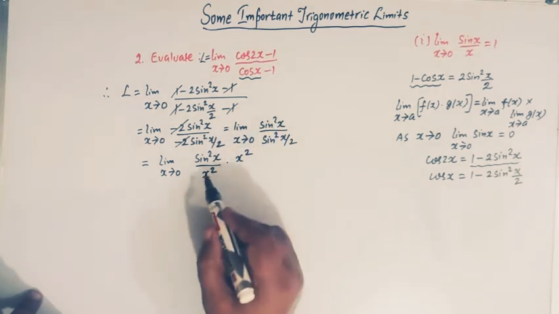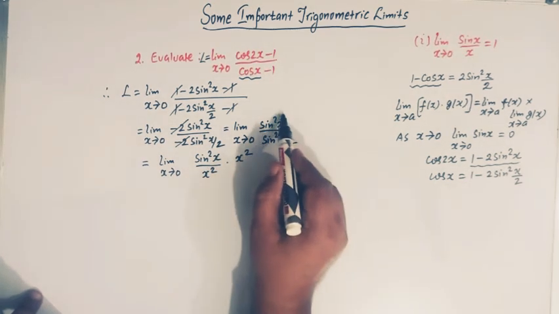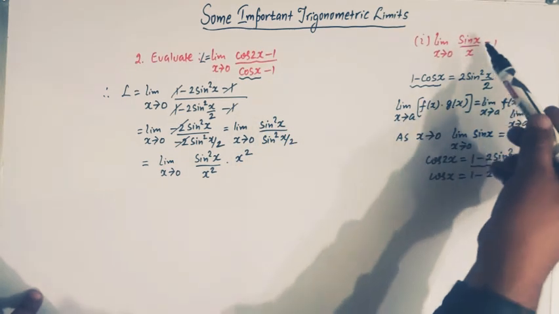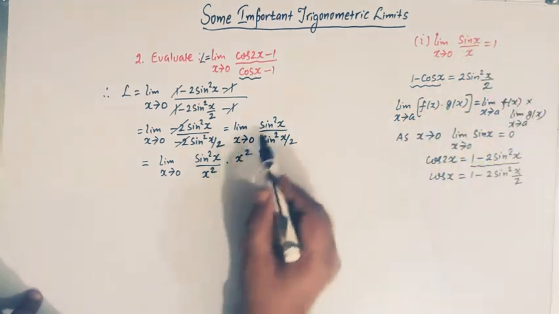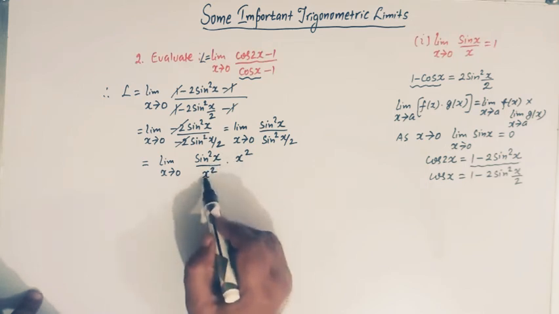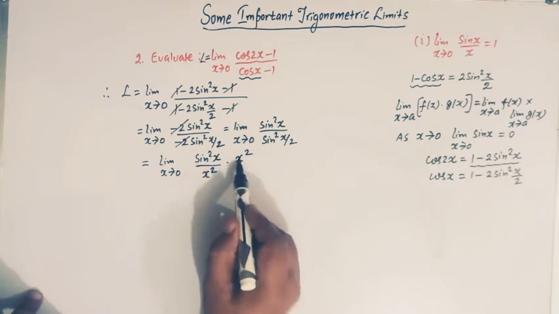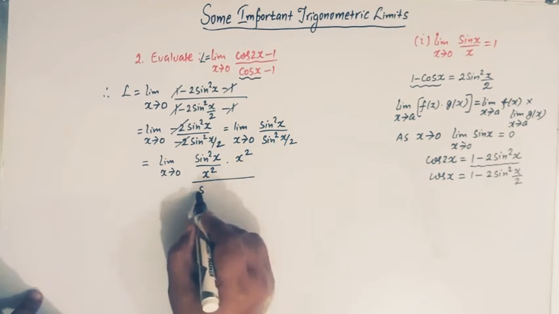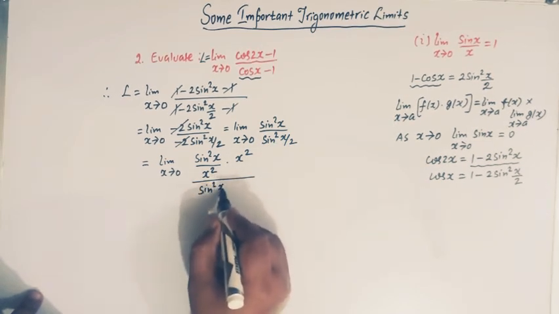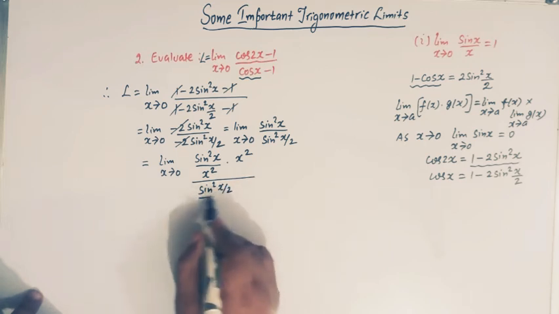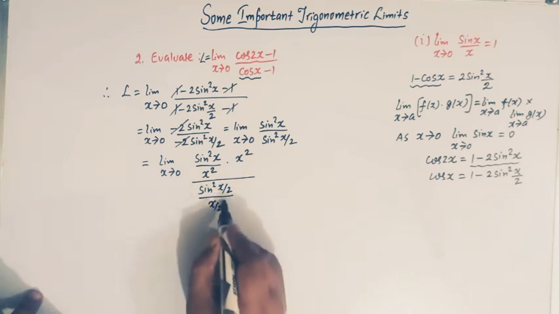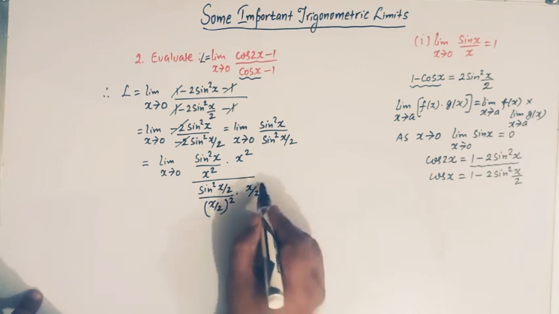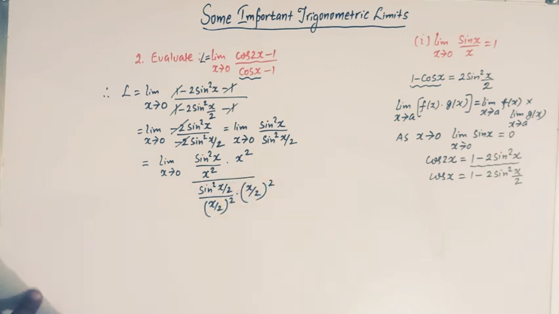It means we have to express this sine square x in terms of sine x over x, so we multiply and divide it by x square. Similarly, sine square x by 2 can be written as sine square x by 2 divided by x by 2 square, times x by 2 square.